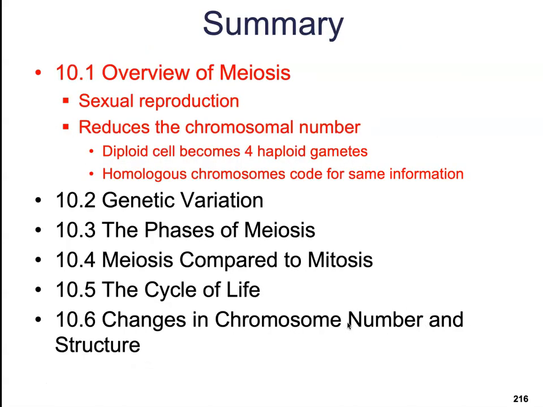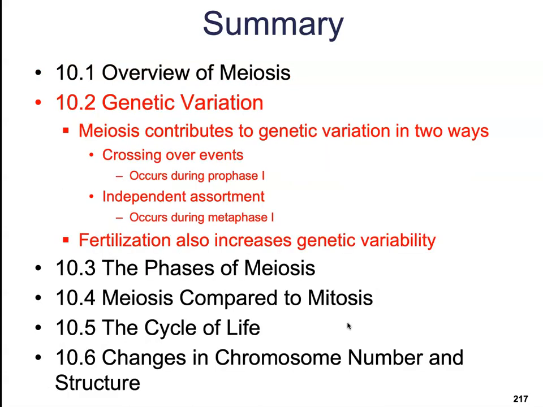So here's a quick summary of what we covered this chapter. We covered an overview of meiosis. We talked about sexual reproduction and how it reduces the chromosomal number. We form diploid cells that become four haploid. A single diploid cell can become four haploid gametes. Homologous chromosomes are going to code for the same genetic information. Then we talked about genetic variation.